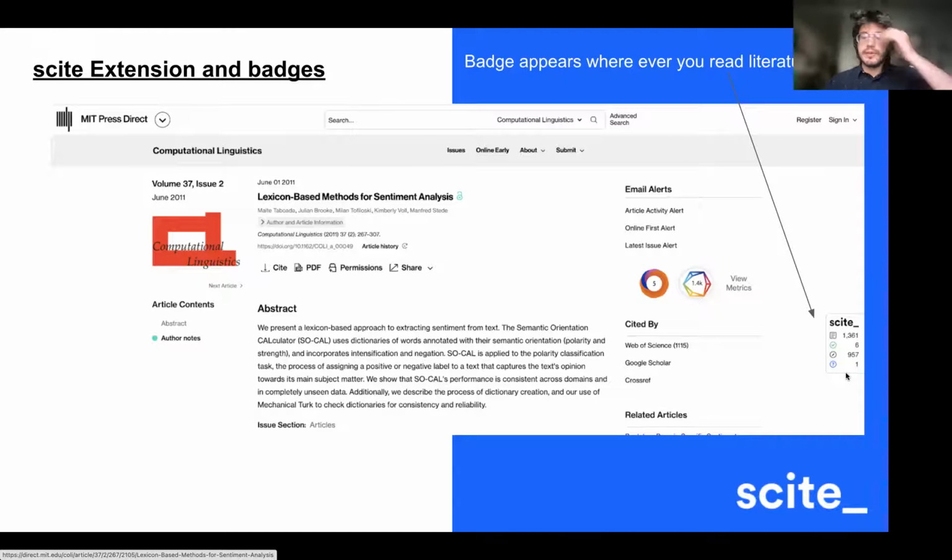A lot of people use it like you might use the citation number as some kind of proxy for impact. People tend to use these supporting and contrasting numbers as some sort of proxy for quality.